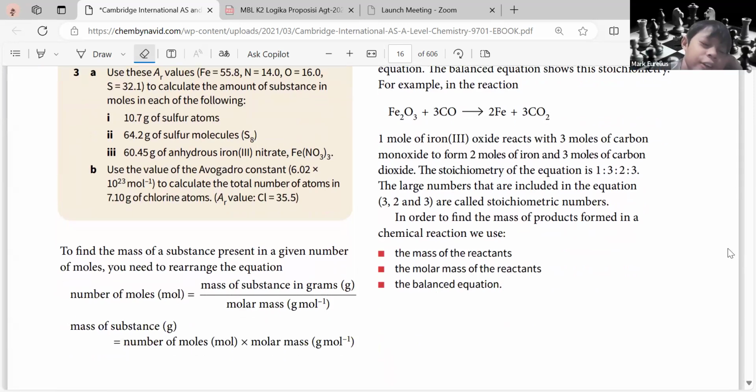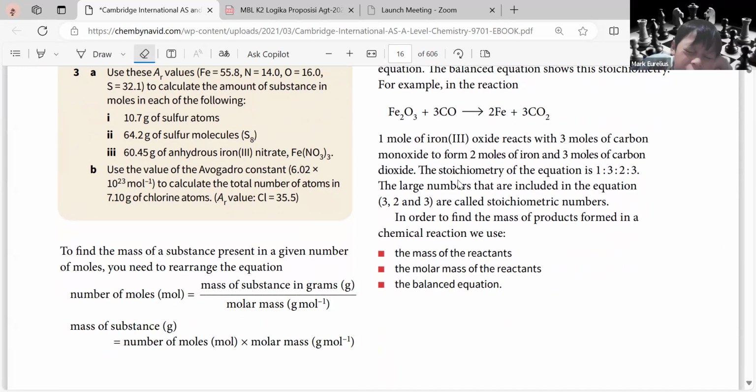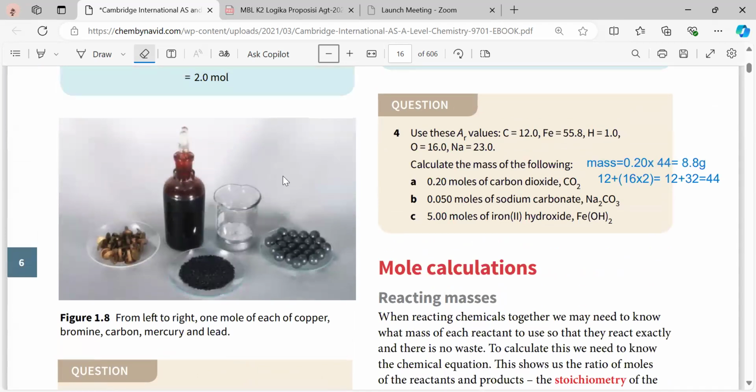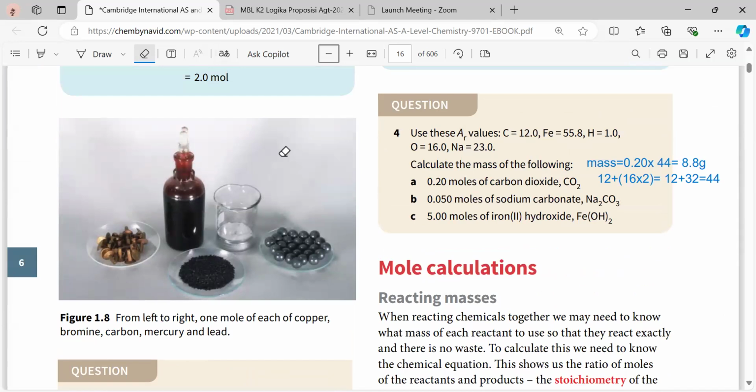I have a question. Okay, so what do you want to ask, Mark? Look at the picture again, the figure 1.8. I was wondering what will happen if I mix it. Okay, so from left to right, 1 mole of each of copper, bromine, carbon, mercury, and lead.